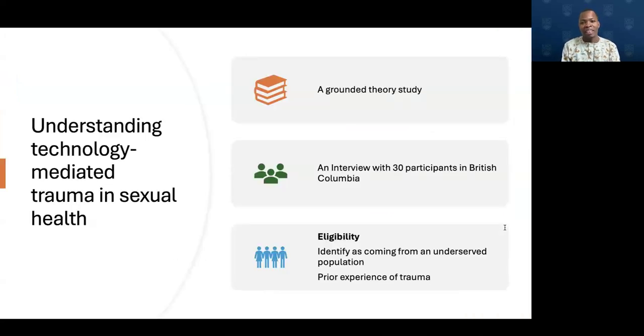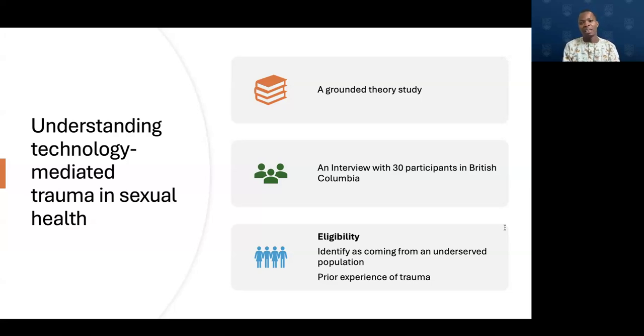Now, to further understand technology-mediated trauma in the context of sexual and reproductive health, we applied for a shared insight development grant a couple of years ago, I think 2 years ago, to explore technology-mediated trauma among marginalized populations who use sexual and reproductive health services. In this project, we recruited 30 participants through an online research platform in British Columbia known as ReachBC.